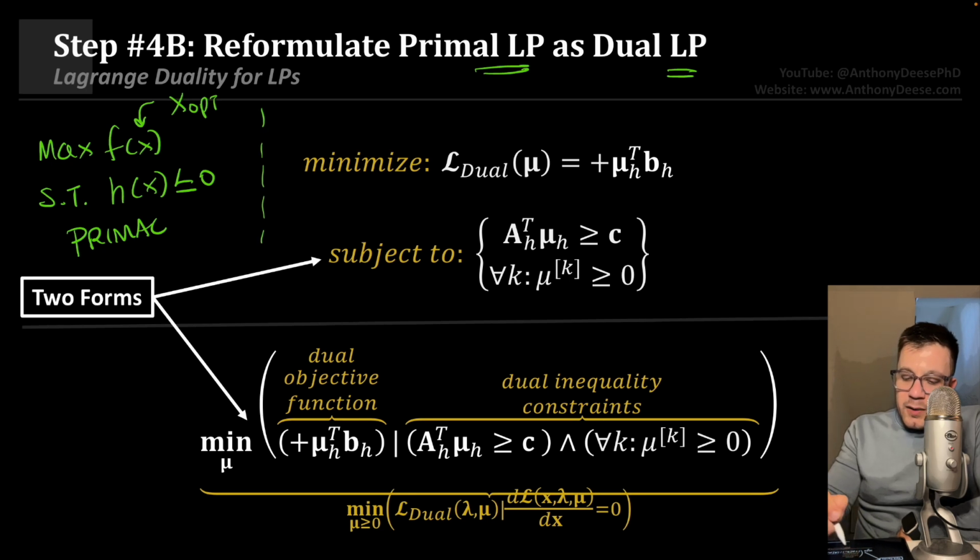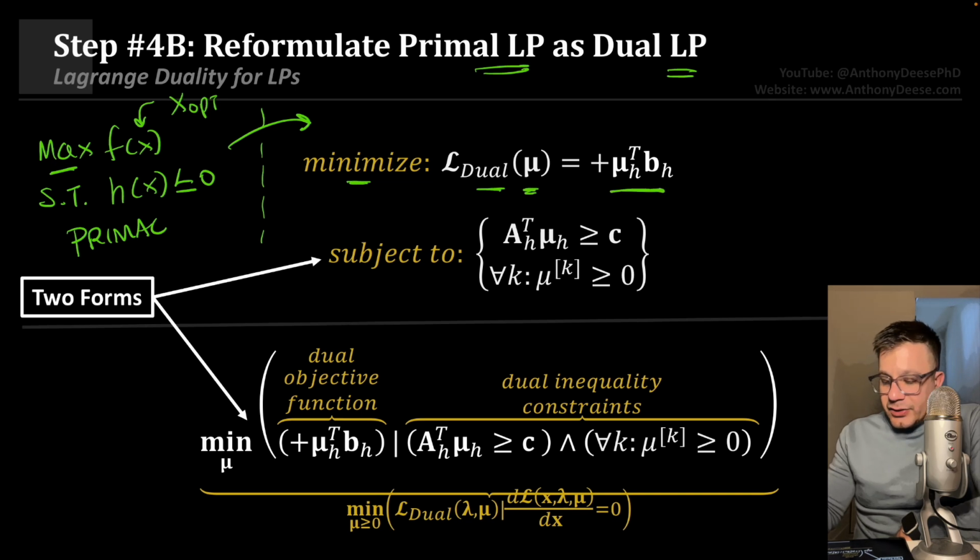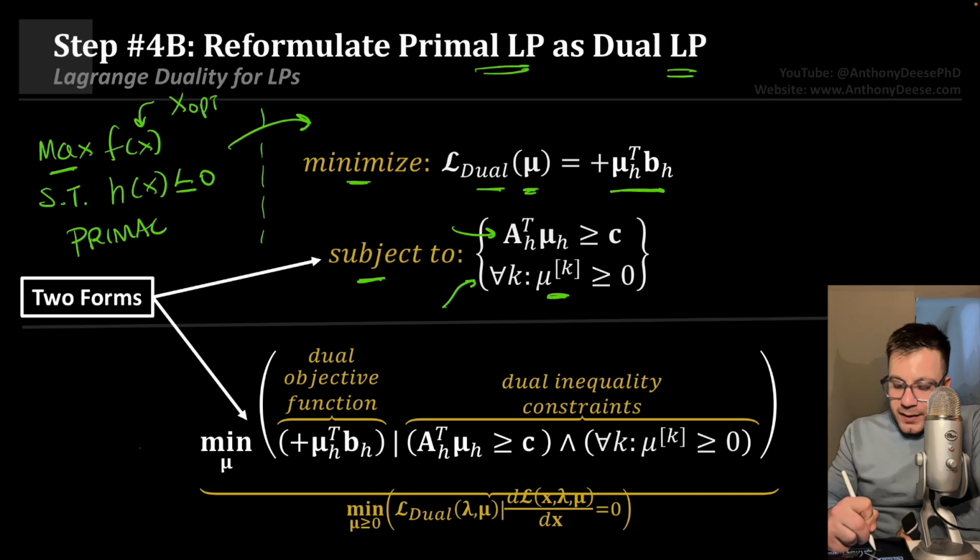Now we've redefined it as a dual linear programming problem. Our objective function, instead of maximization, is in terms of minimization. So we want to minimize the dual Lagrange function in terms of mu, defined as shown here. It's subject to two constraints. The first is A sub H transpose times mu sub H greater than or equal to C. And we can't forget our dual feasibility condition, which says that all the mu values must be greater than or equal to 0. This is just a more compact form of what's shown above.